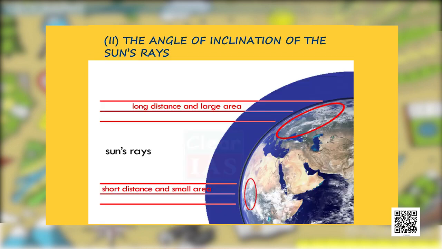The angle of inclination of the sun's rays. Since the Earth is round, the sun's rays strike the surface at different angles at different places. It influences the insolation in 2 ways. First, when the sun is almost overhead, the rays of the sun are vertical. They are concentrated in a smaller area, giving more insolation at that place.